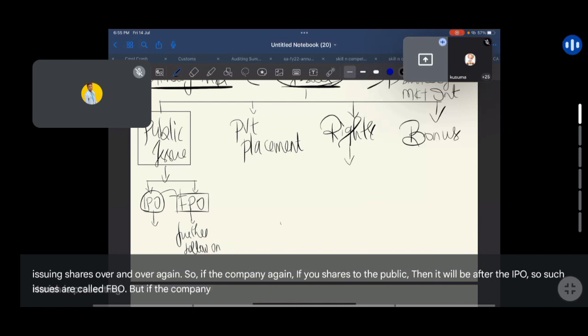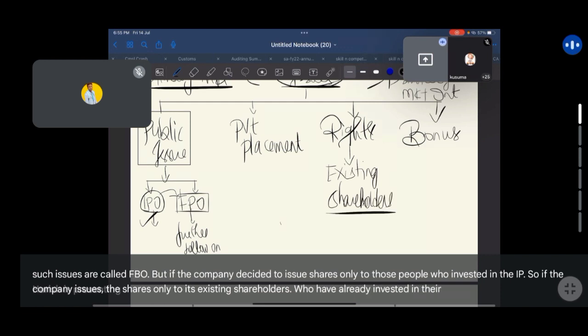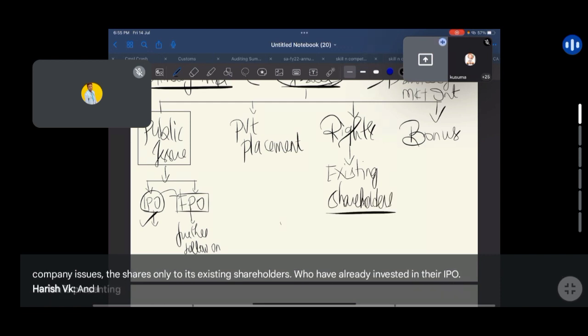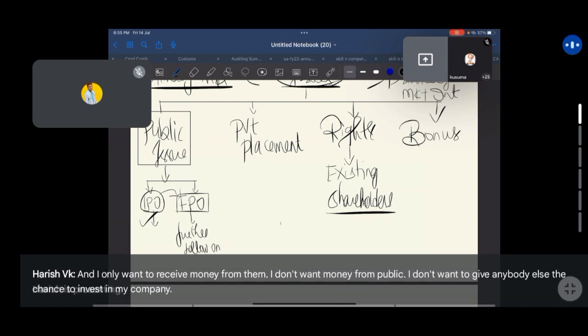But if the company decided to issue shares only to its existing shareholders who have already invested in their IPO, and says, I only want to receive money from them, I don't want money from the public, I don't want to give anybody else the chance to invest in my company, such an issue is called a rights issue.